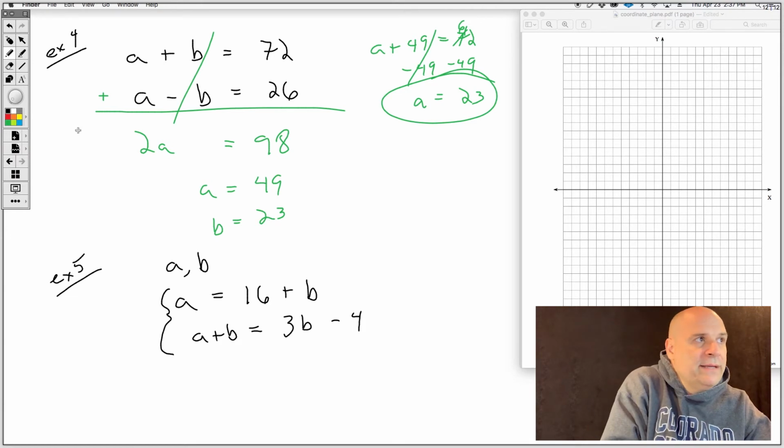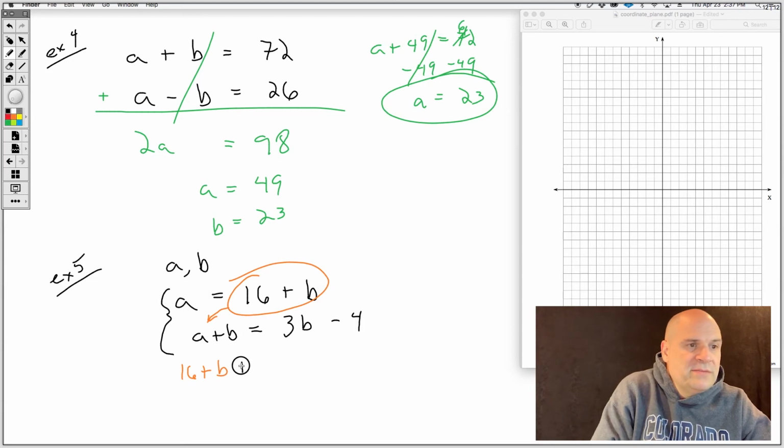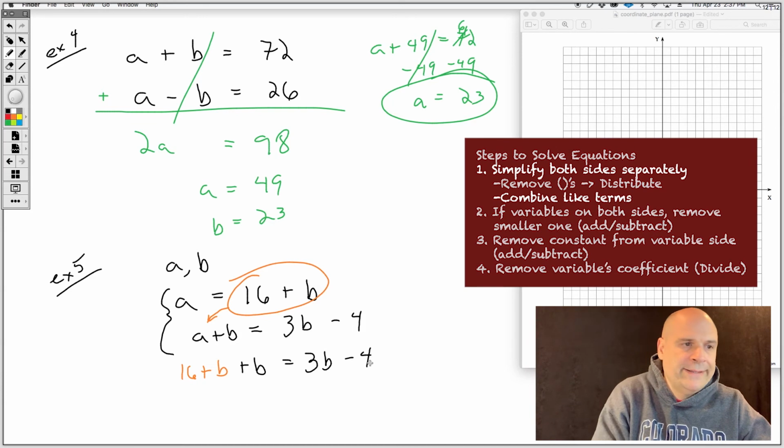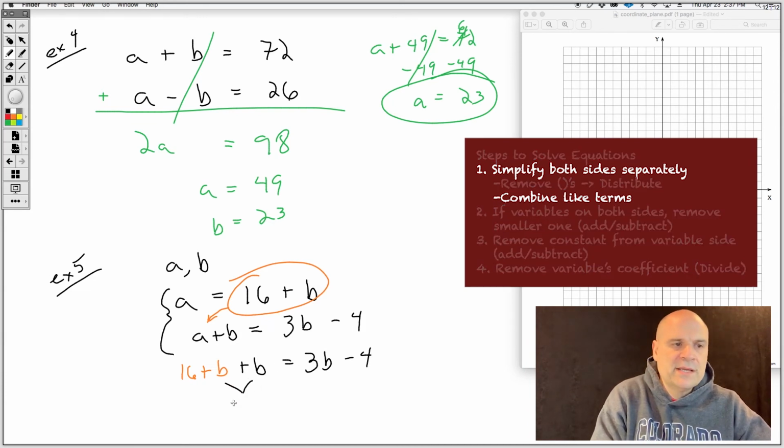I'm gonna just plug in my A value right here, 16 plus B, in right there and see what happens. So 16 plus B equals 3B minus 4. All right, combine like terms. There's no parentheses, so simplify both sides separately by just combining like terms here.